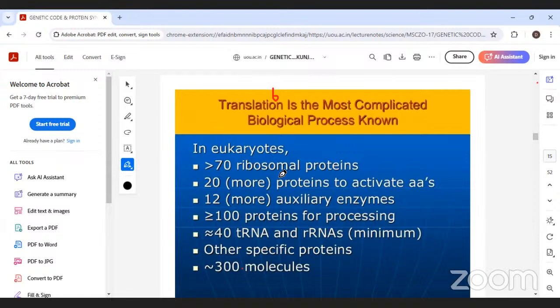In eukaryotes, 70 types of ribosomal proteins, 20 more proteins to activate, and 12 more auxiliary enzymes are involved. 100 proteins for processing, 40 tRNA and rRNA, transfer RNA and ribosomal RNA. Other specific proteins are also involved in this process. 300 molecules are also found in this.